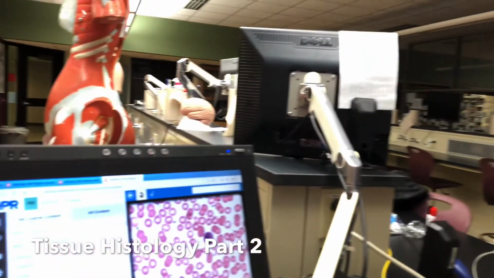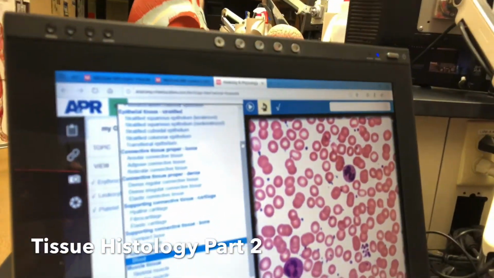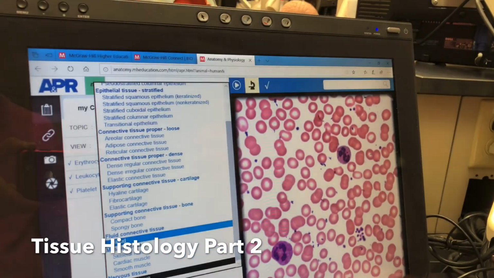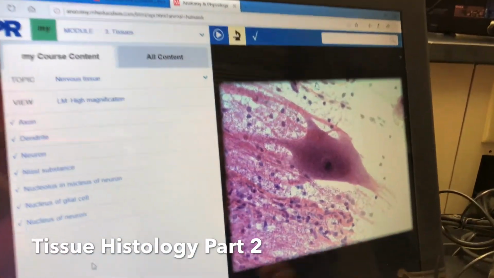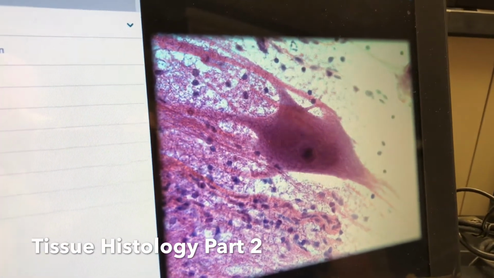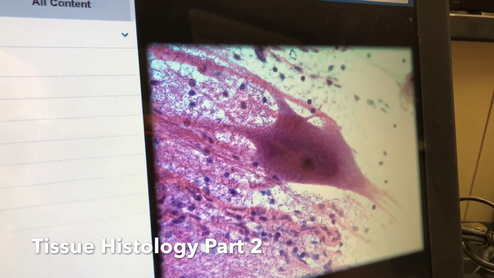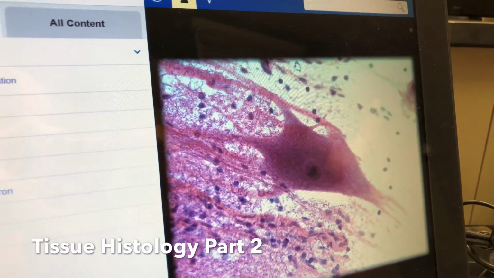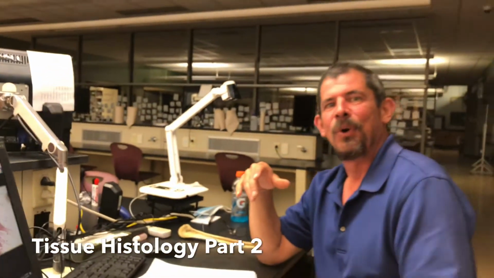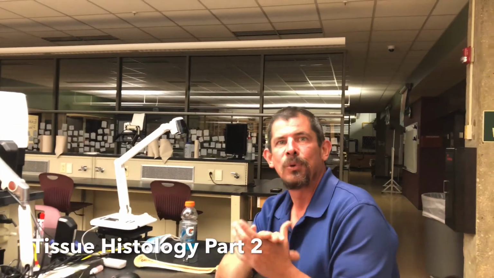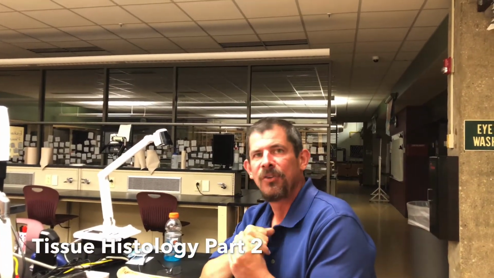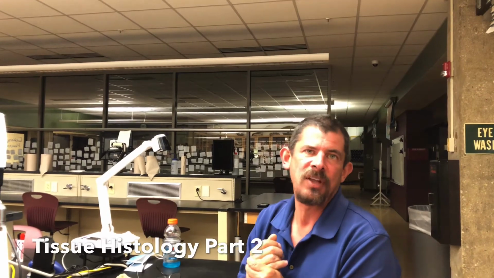Nervous tissue is just nervous tissue. There's no fancy name for it. So here it is right here, folks. Now, when we look at it, location, I'll let you guys name your location about what you think about the appearance of what it looks like to you. But there are two types of cells that we were looking at right here. And those are the neurons and the glial cells.